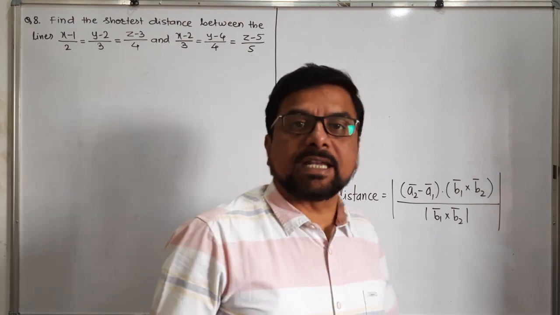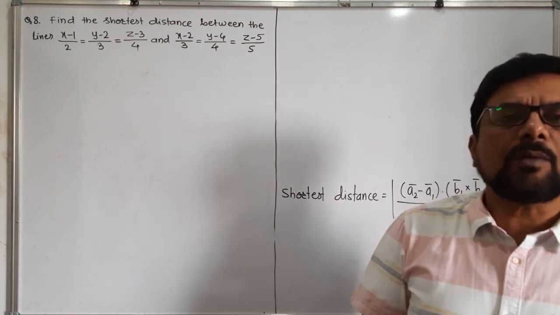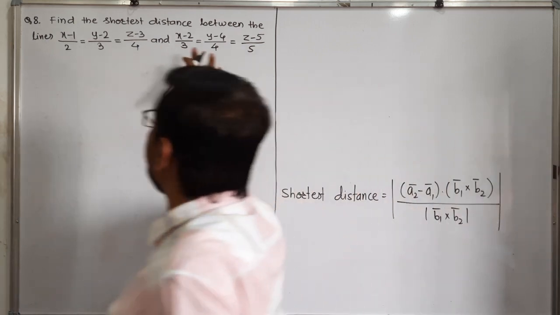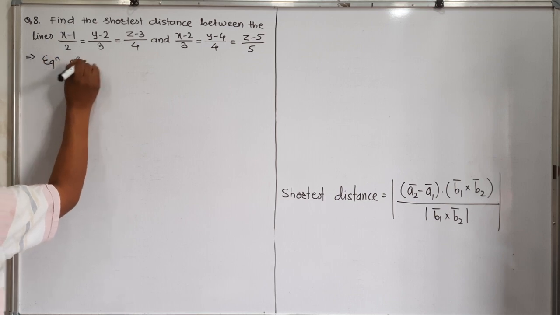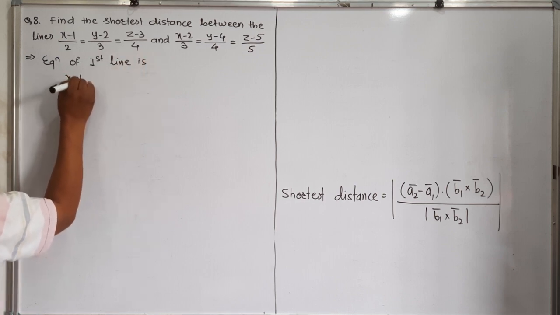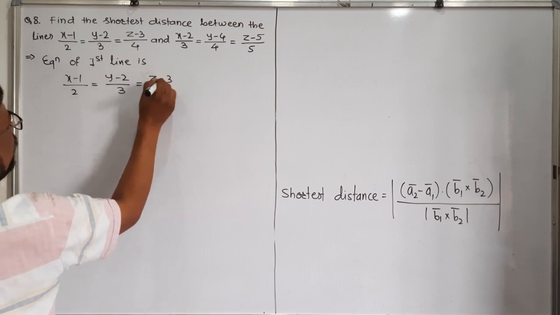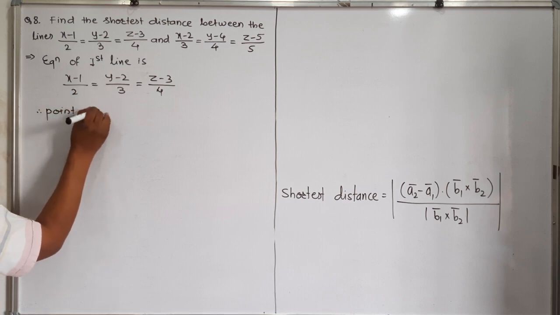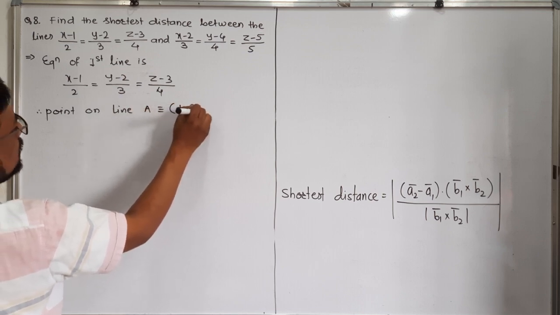Now look at question number 8. In question number 8, the equations of lines are given in Cartesian form. We have to find a2 vector, a1 vector, b1 vector and b2 vector, and we can find it. Equation of first line is x minus 1 upon 2 is equal to y minus 2 upon 3 is equal to z minus 3 upon 4. Therefore, point on the line A has coordinates 1, 2, 3.